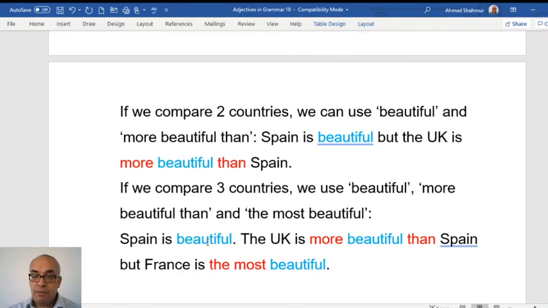So you can see beautiful, it is in blue, is the adjective. More than, I put more before the adjective and than after it, and then I put the most before beautiful.